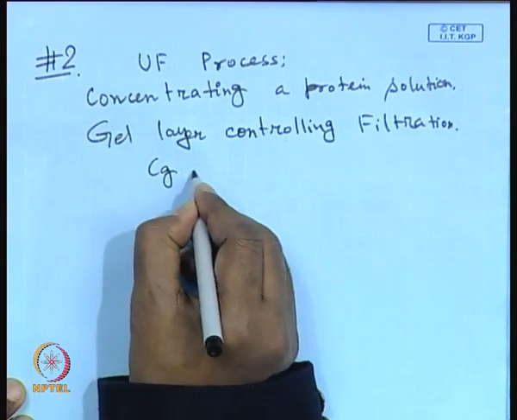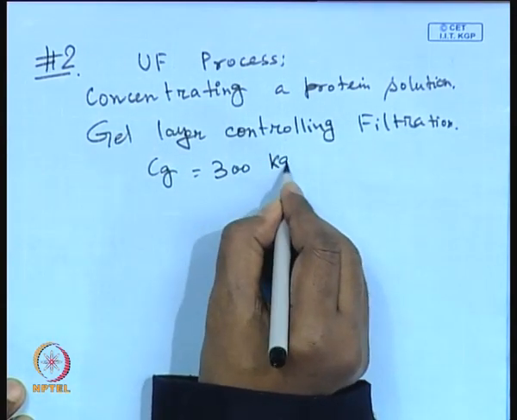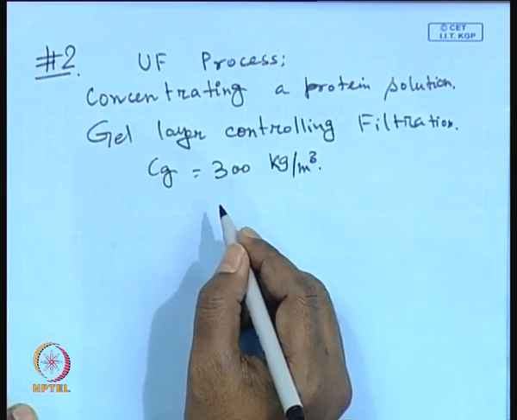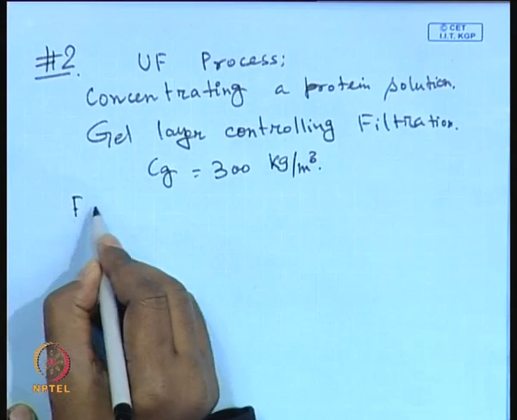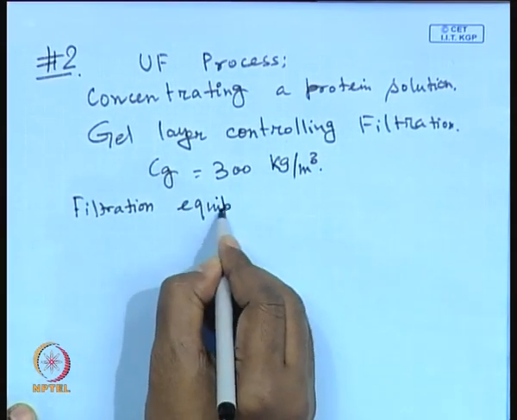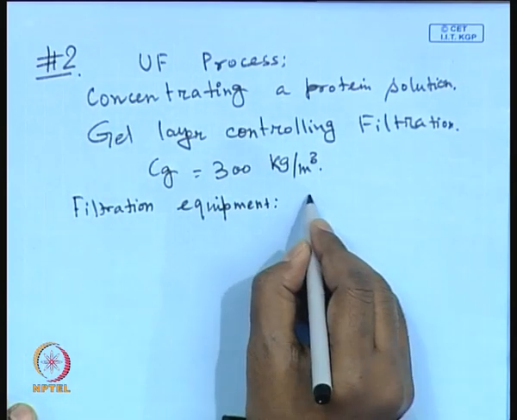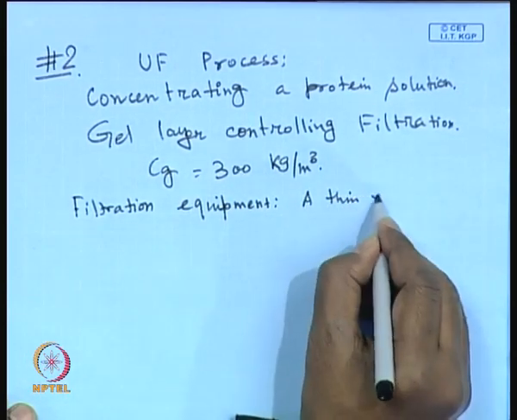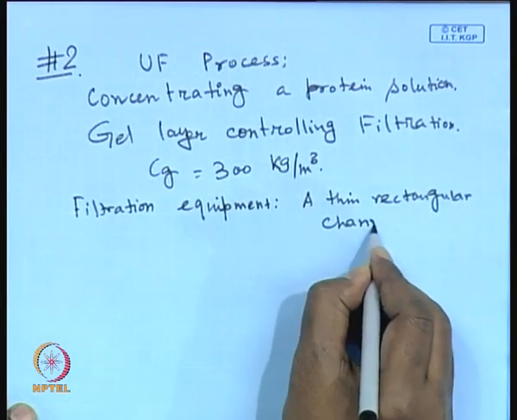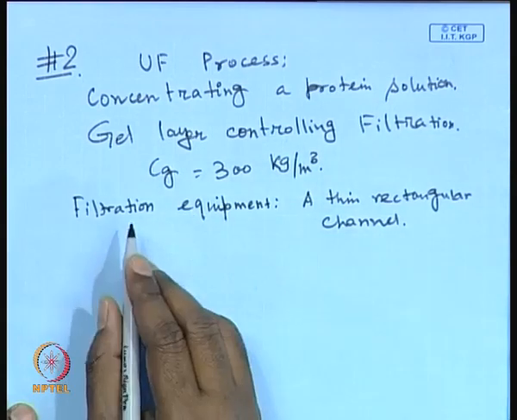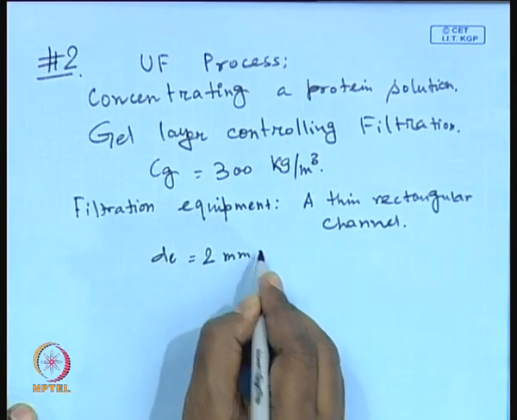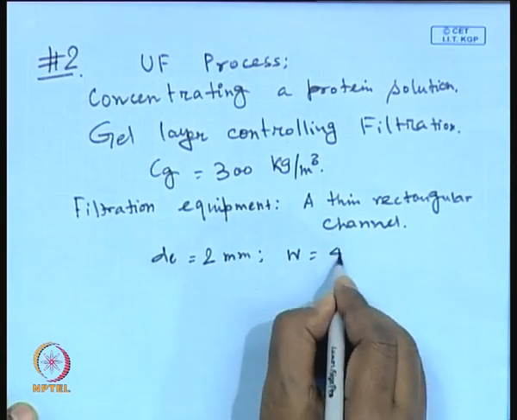The gel concentration is given as 300 kg per meter cube. Okay. And filtration takes place in a thin rectangular channel. The filtration equipment is a thin rectangular channel with the equivalent diameter given as 2 millimeter and width given as 4 centimeter.